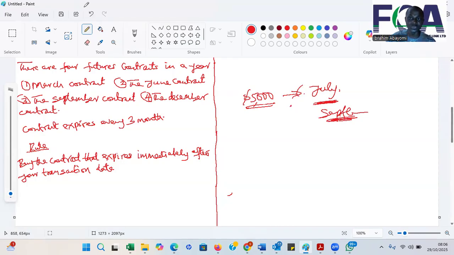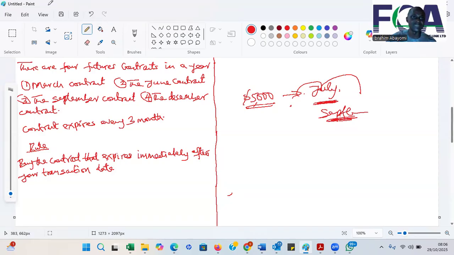Because the June contract comes before my transaction date. I cannot use December contract because that is too far away from my transaction date. I need to use a contract that is expiring immediately after my transaction date. I believe that is clear. Okay, so that's the rule.